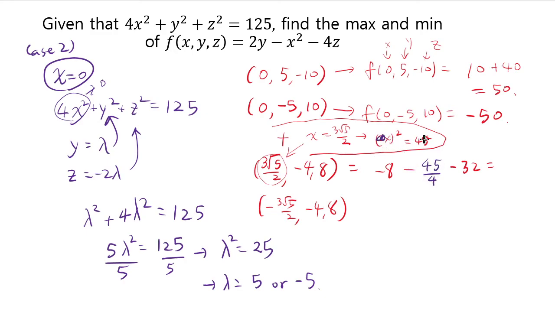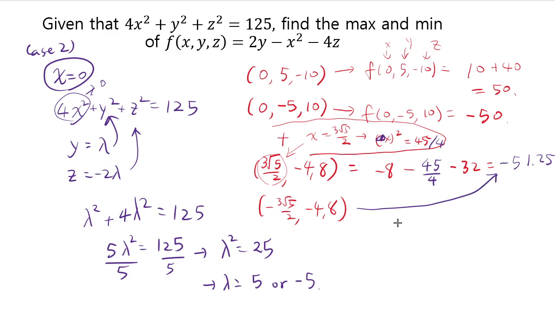Yeah, because if you divide by 4, so if you just square it, then you get 45 over 4. And then 45 over 4 is 11.25, so negative 51.25 is what you get, okay? And this one will give you the same value, all right?